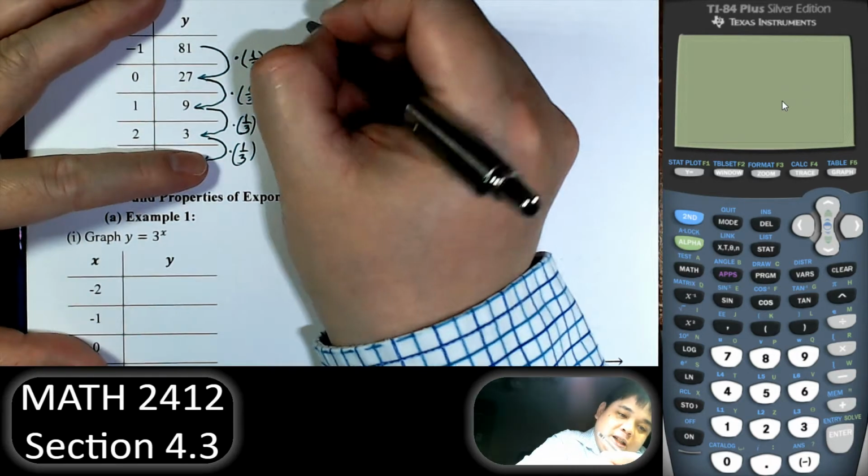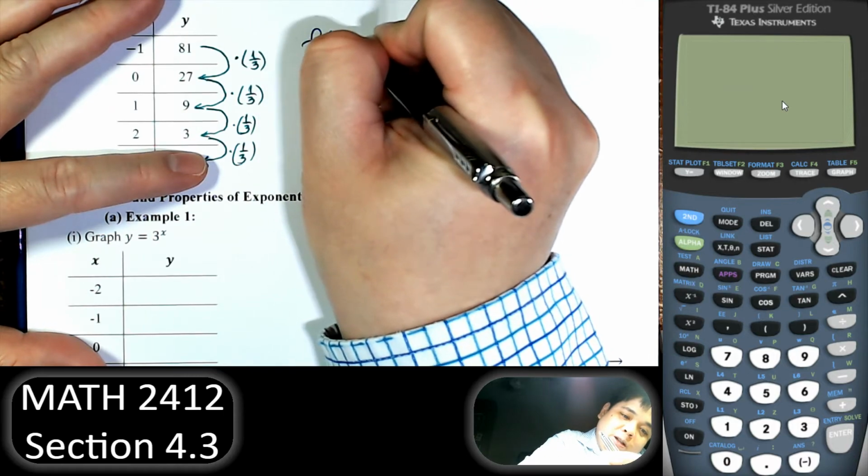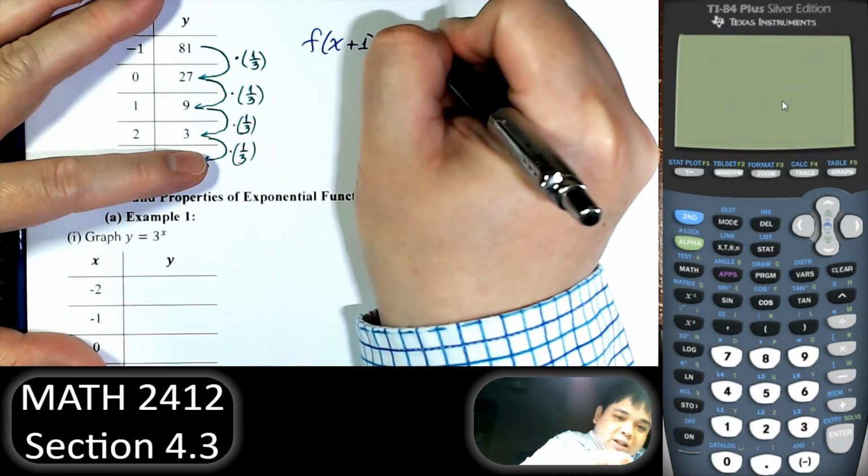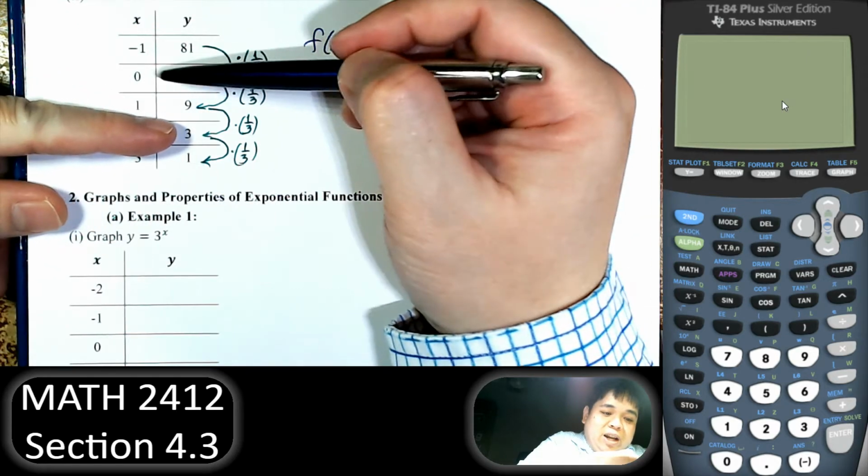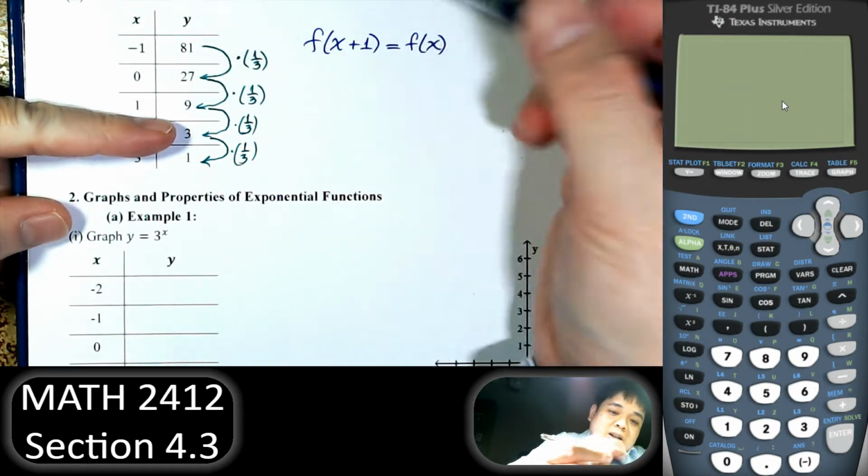So we'll write f of x plus 1 equal to f of x times 1/3. The next value is equal to this value times 1/3.